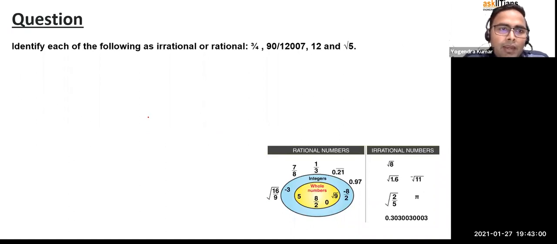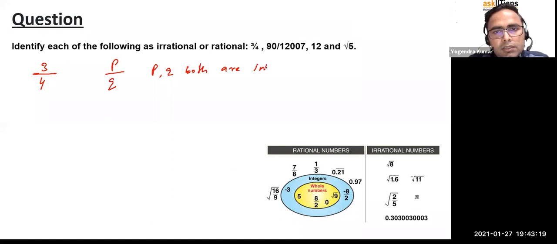Now, let's see the question. Identify each of the following as irrational or rational. So 3 by 4. Is it p by q form? Yes, p and q both are integers. Q is not equal to 0. Yes.